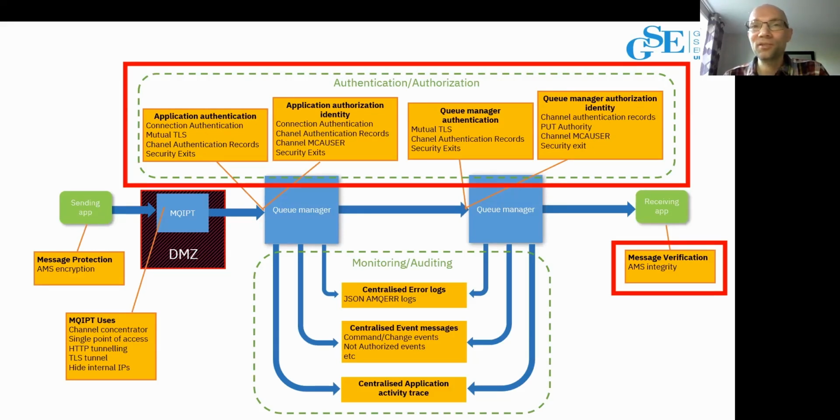There's also monitoring your environment so that you get early warning of anything untoward happening in your MQ environment. And there are various ways of doing that in MQ. For example, the queue manager will output event messages when the configuration changes. We also write various things to error logs. What we've got on the slide here is actually fairly specific to the distributed queue manager, but the same concepts apply to the z/OS queue manager as well.